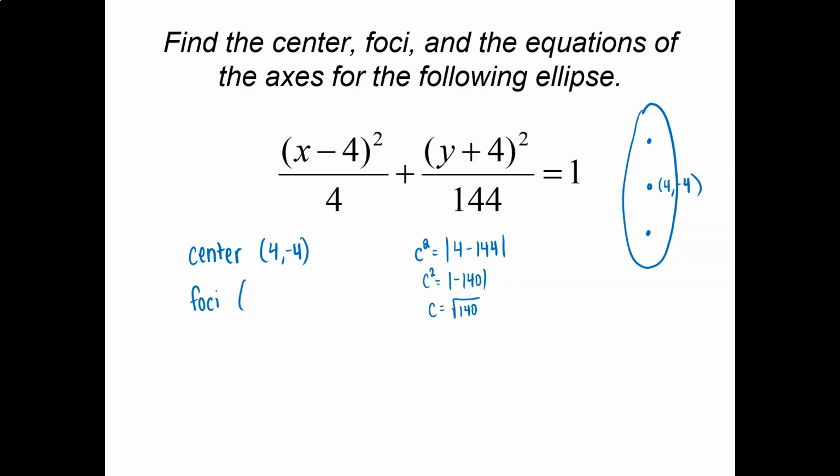Which coordinate am I adding the square root of 140 to and subtracting from? The y, right? Because I need to go up and down. So the x coordinate stays the same. I've got 4, and then I'm going to have negative 4 plus or minus the square root of 140. I think it is so helpful to have the picture.